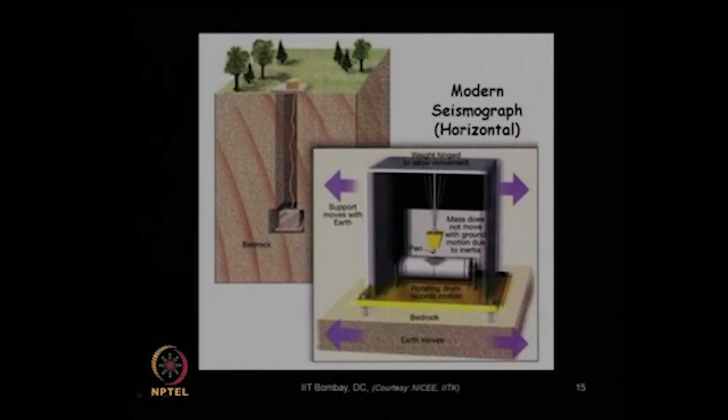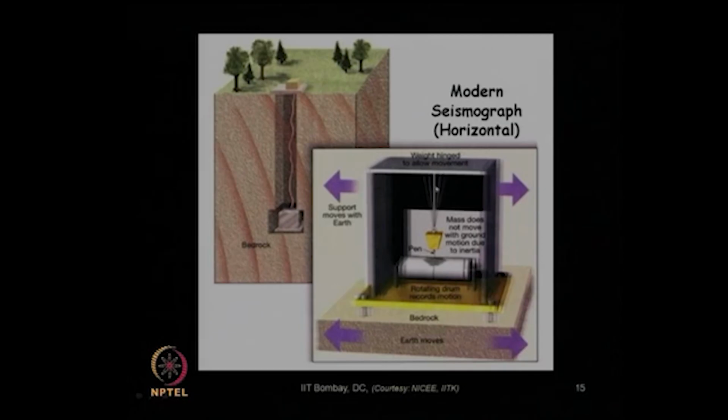How this seismograph is used, this picture shows us clearly. It is placed below a certain depth, close to the bedrock if possible. When the earth moves, you can see this cabinet, this support, moves with the earth, and from this support there is a weight which is hinged to allow the movement.